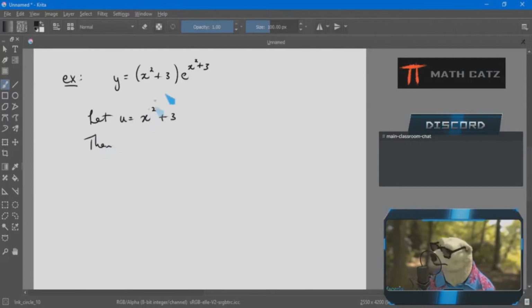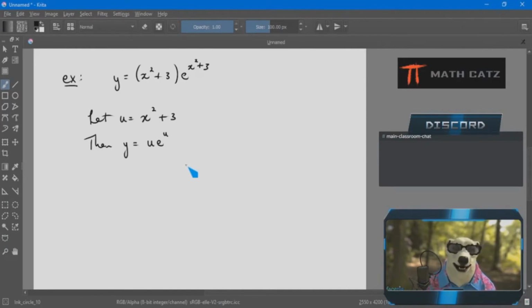So if I let u be the inside function, then my outside function y is going to be u times e to the u. I can certainly do that. That is a correct breakdown of the function of a function. But is it the best choice moving forward? I claim it's not impossible. I can totally do it this way. But it's not ideal.